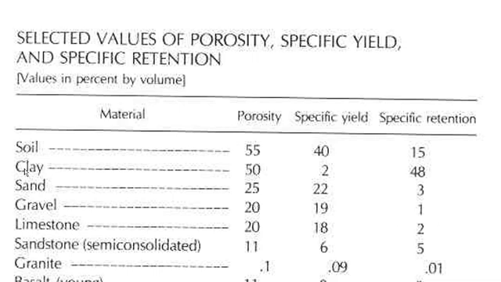Let's take the example of clay. It is going to have 50 porosity, but the specific yield is only 2 and specific retention is 48. So it means 48 parts are going to be retained, while only 2 parts will pass through.